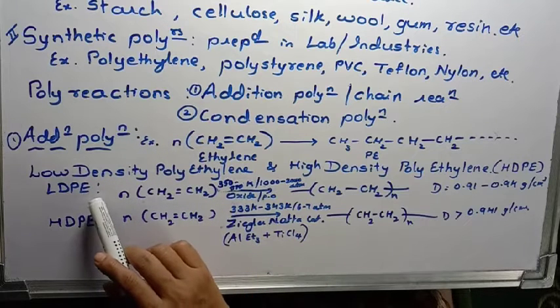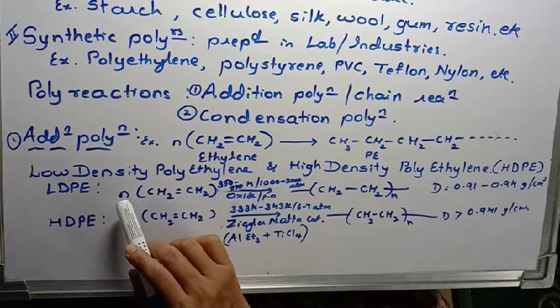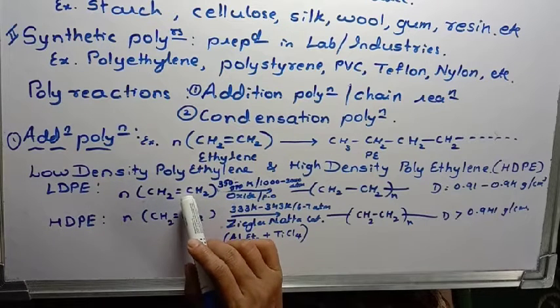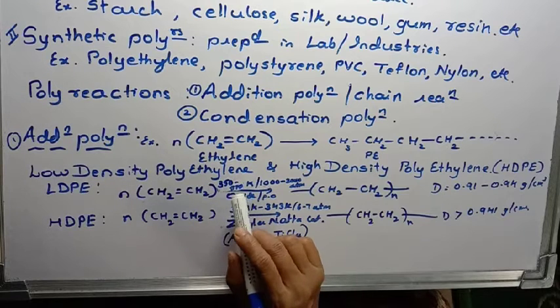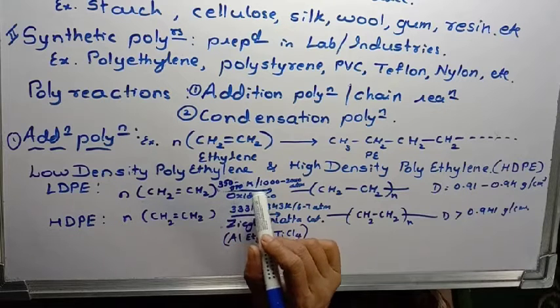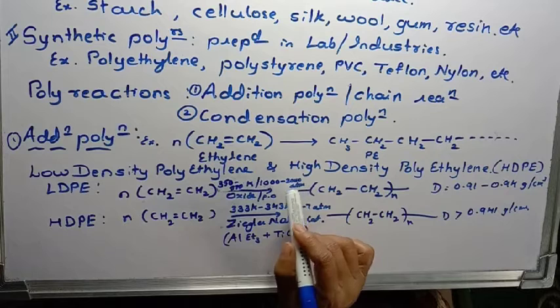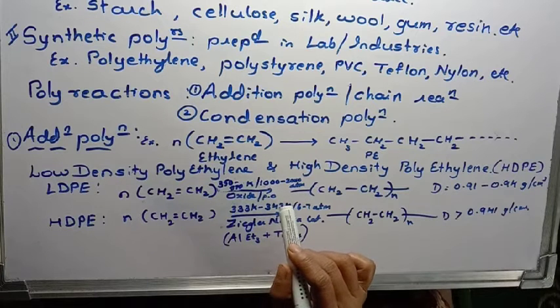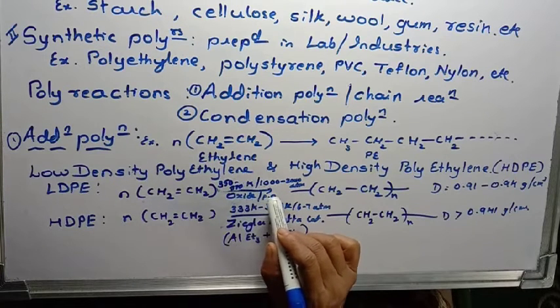In the preparation of low density polyethylene, n number of ethylene molecules are subjected to polymerization at a temperature of around 350 to 570 Kelvin and very high pressure, 1000 to 2000 atmospheres, in the presence of initiators like oxides or peroxides.